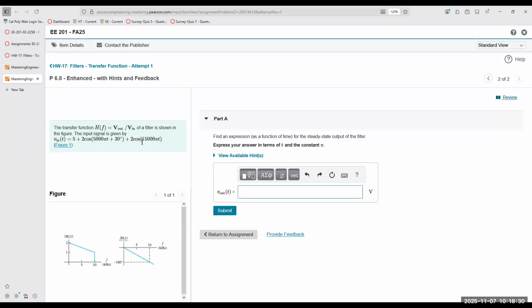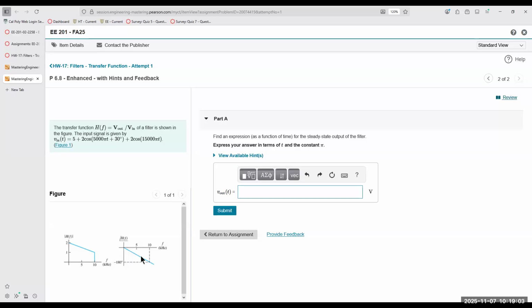And then cos of 15,000 pi t. Angle is 0. And 0 plus, what's the answer that you have for the angle? Minus 135, which seems about correct. At 5, it's minus 90.